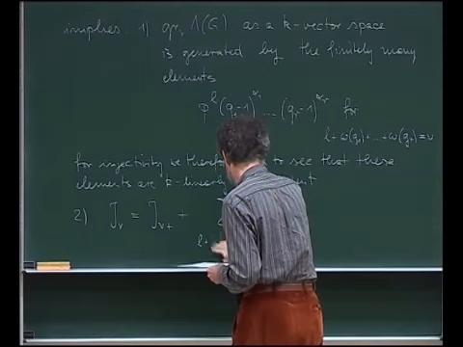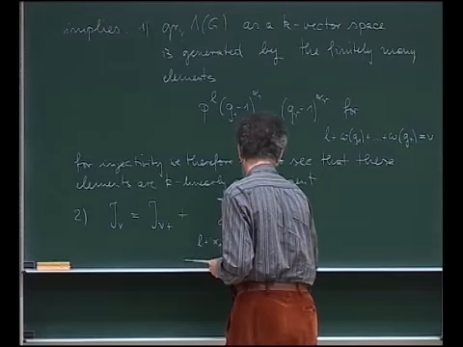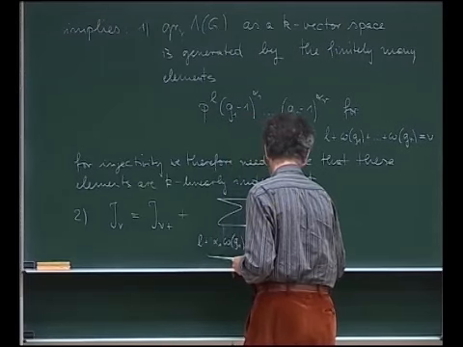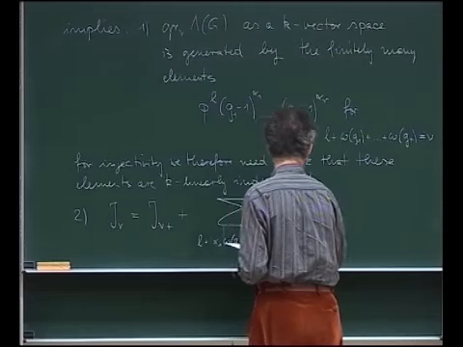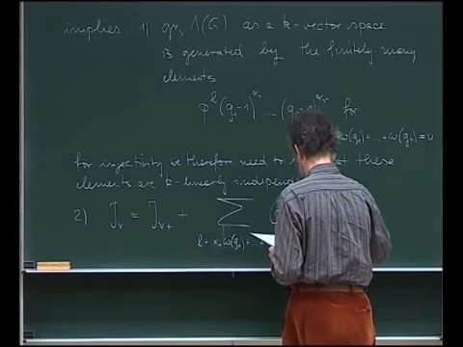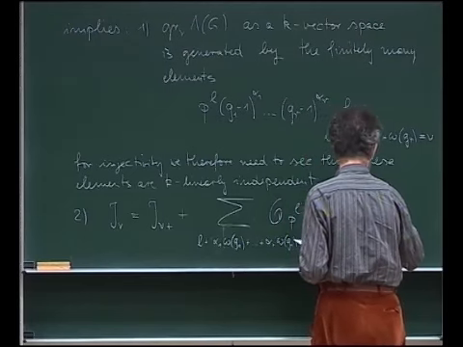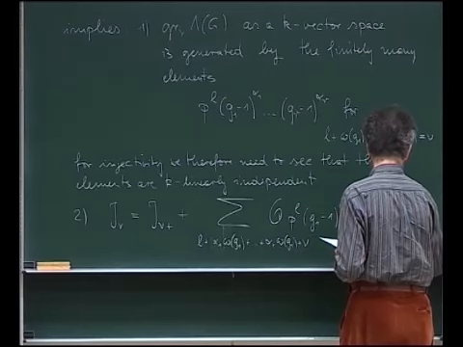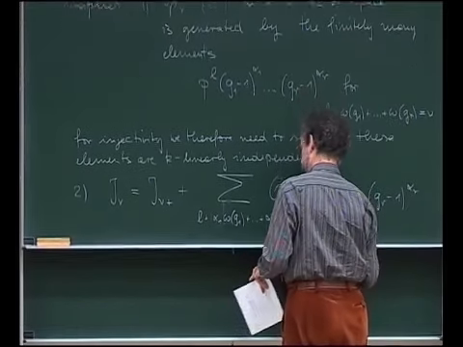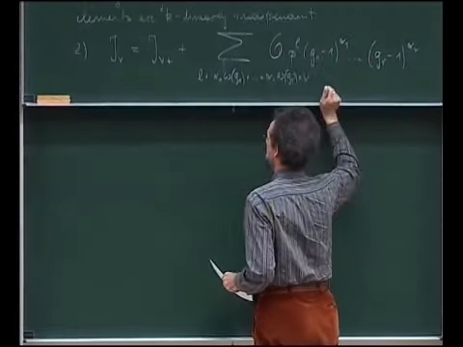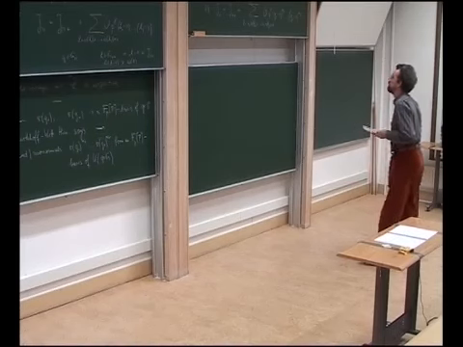So J nu is J nu plus the sum, and we have now just alpha I omega G1 plus alpha R omega GR is nu, or p to the L G1 minus 1 alpha GR minus 1 alpha R.